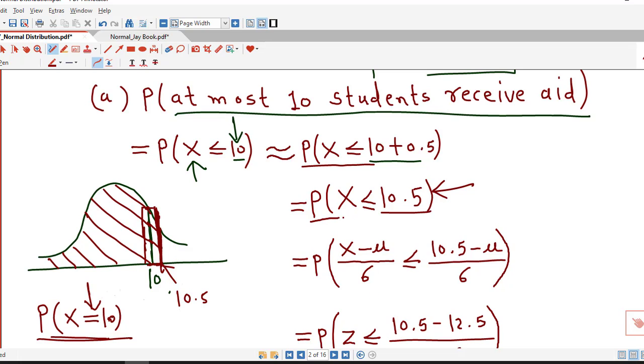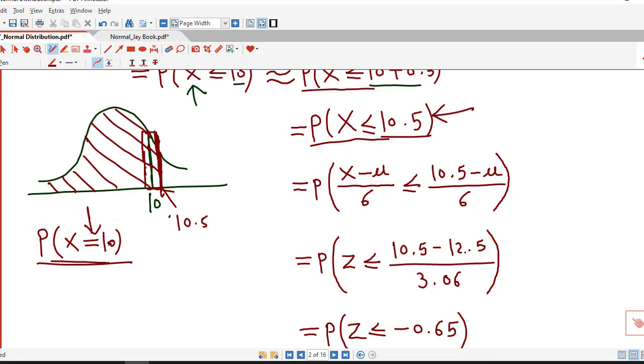Now capital X is a normal random variable, so we have to standardize it by subtracting mu and dividing by the standard deviation. This is equivalent to the probability that X minus mu over sigma is less than or equal to 10.5 minus mu over sigma.